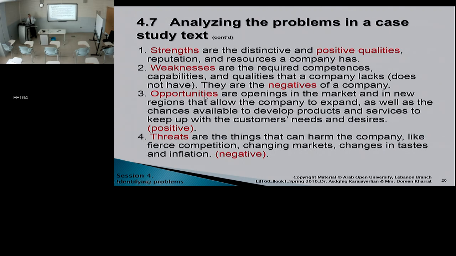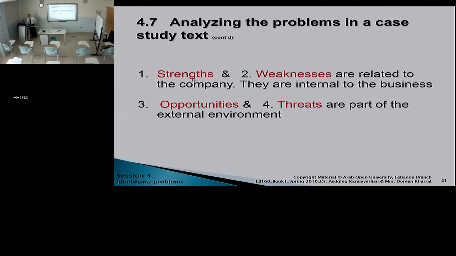Opportunities are chances or openings, things to do in order to gain advantage, to be better. Threats are the areas that can harm the organization, right? We divide them into internal and external. Strengths and weaknesses are internal, whereas opportunities and threats are external.